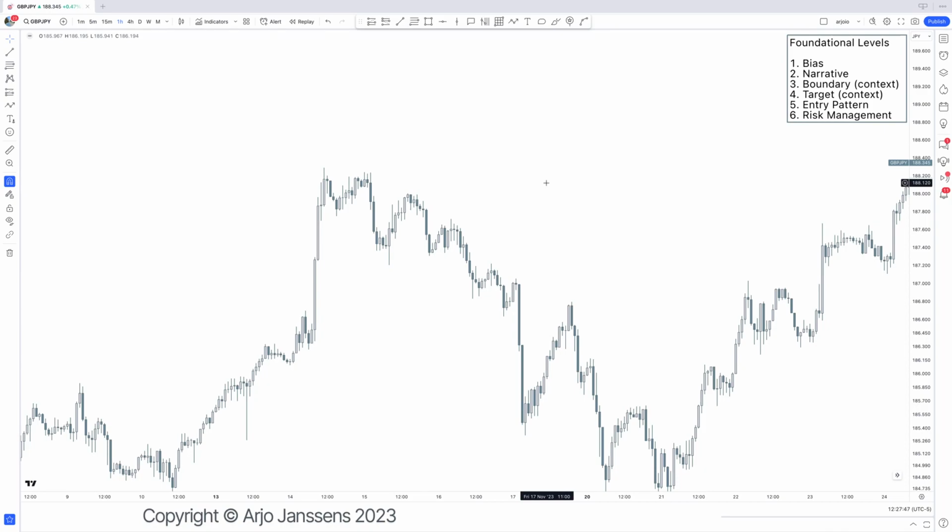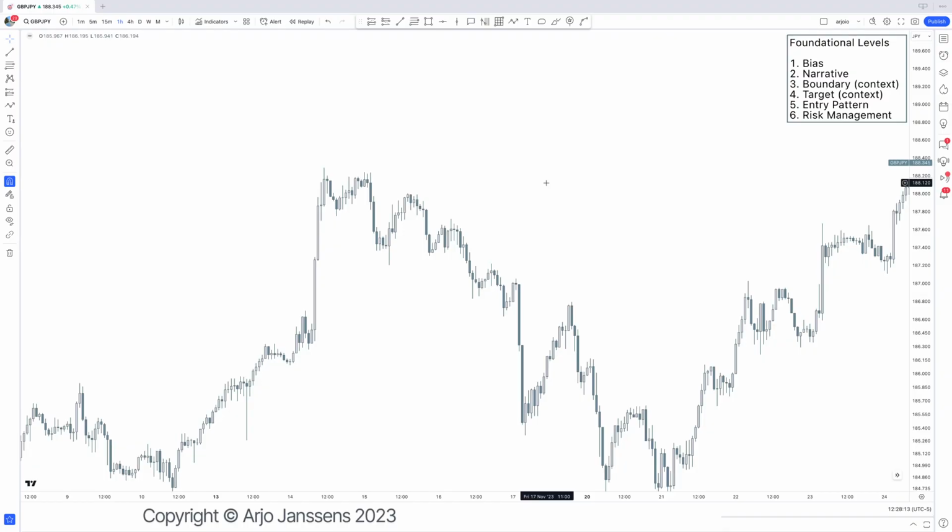Now, what consists of one order flow leg? So an order flow leg, if PD arrays are responsible for creating order flow, very logically thinking, then the PD arrays are our order flow. So one leg consists of PD arrays, which is our order flow leg.